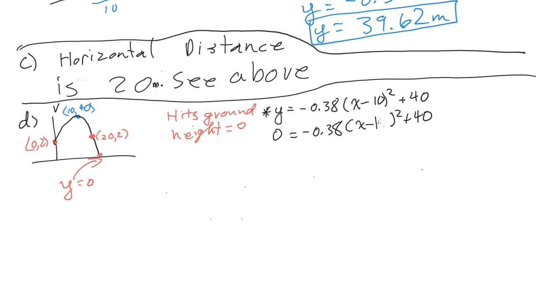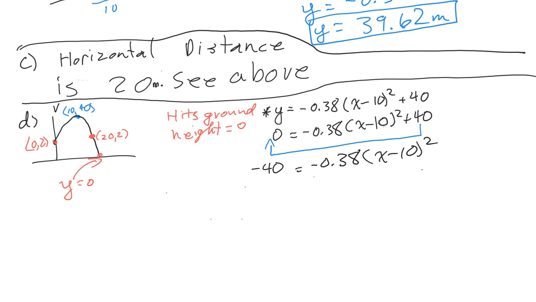So the first thing that we're going to do is take this 40 and move it over to the right side of this equation. So if it's positive 40 here, it becomes negative 40. So we have negative 40 is equal to negative 0.38 times (x minus 10) squared.